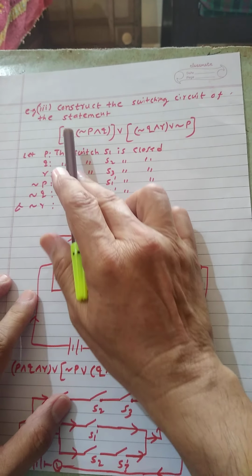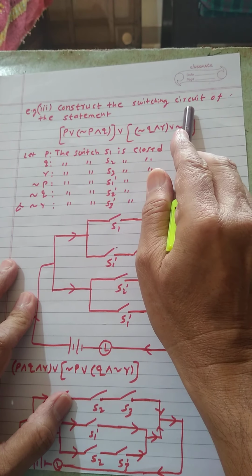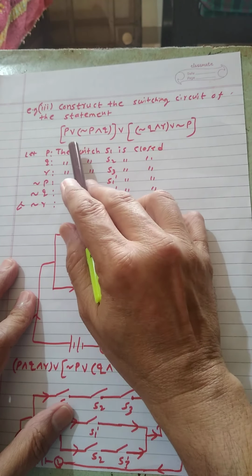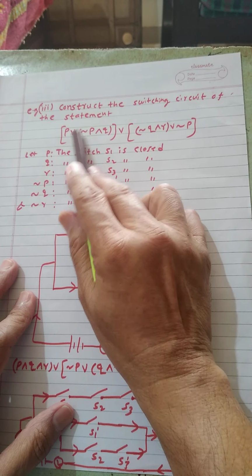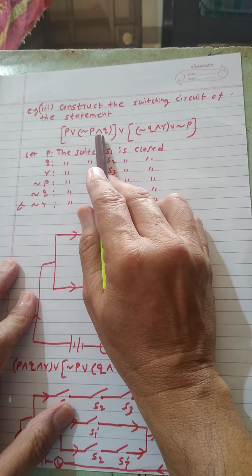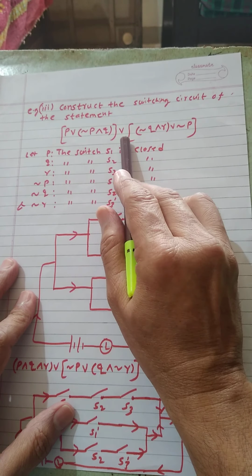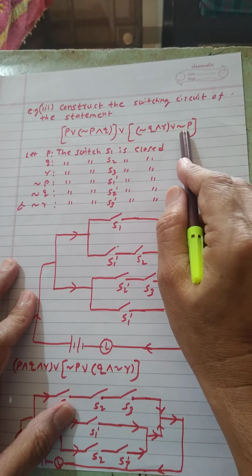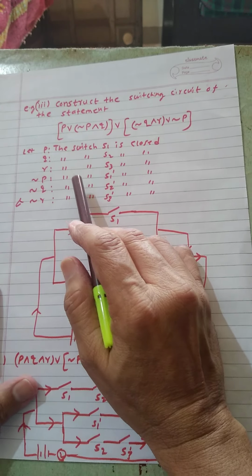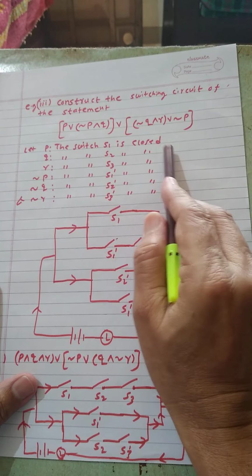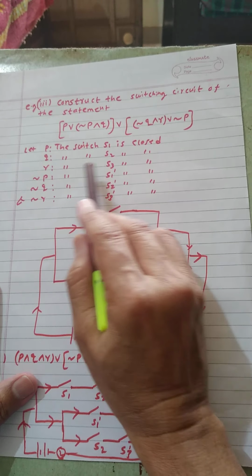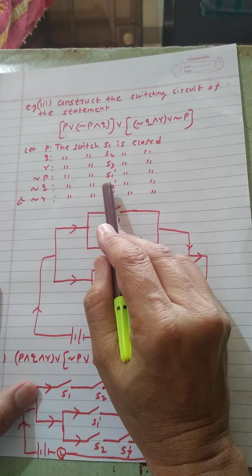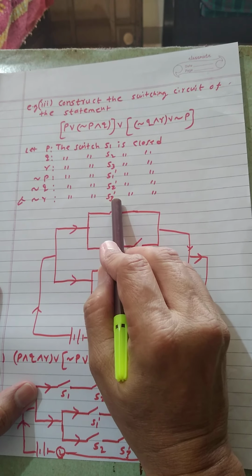Now the next question: construct the switching circuit when the statement, or logic equation, is given. First bracket P OR, second bracket negation Q, negation P and Q, bracket complete, again bracket complete, OR first bracket negation Q and R, bracket complete, OR negation P. As I told you in the previous example, P: the switch S1 is closed, Q: S2 is closed, R: switch S3 is closed, negation P: S1 dash is closed, negation Q: S2 dash is closed, negation R: S3 dash is closed.